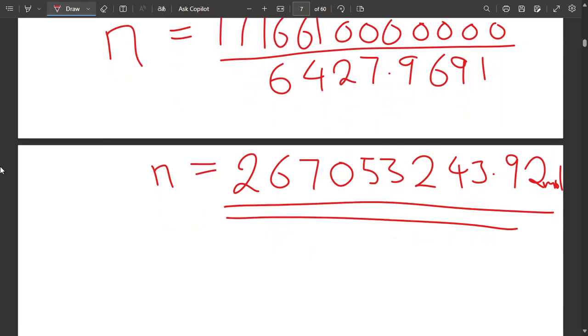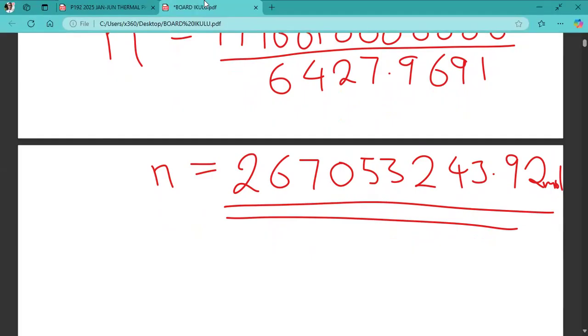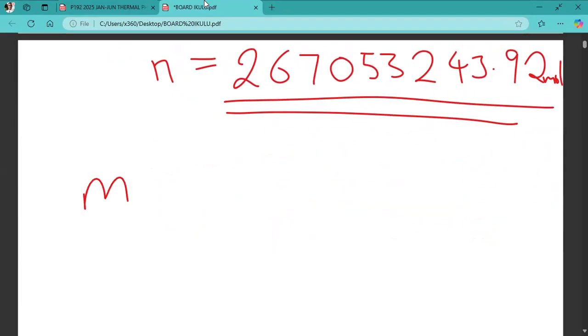So after we get this number of moles now, what are we going to do? We are going to calculate the mass from the molar mass that we've been given. They've already given us the molar mass, so we're going to say mass is equal to number of moles multiplied by the molar mass.